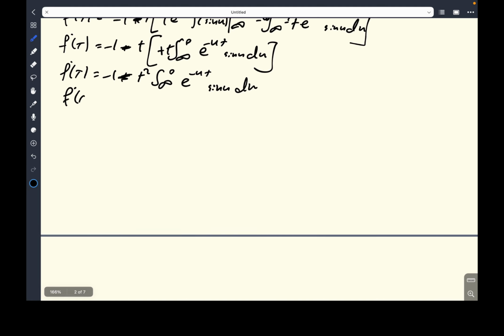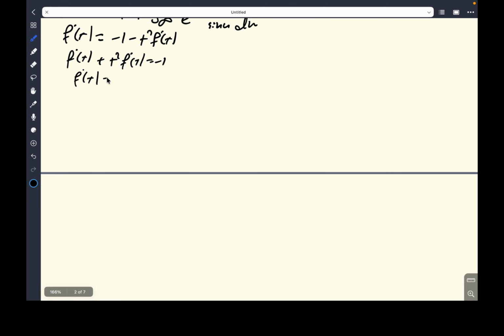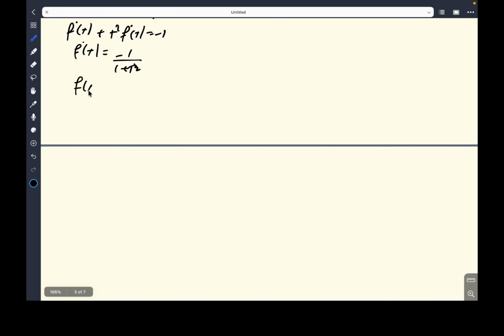Sorry for the mistake. F prime of t is negative 1 minus t squared f prime of t. So f prime of t plus t squared f prime of t equals negative 1. Thus f prime of t is negative 1 over 1 plus t squared.